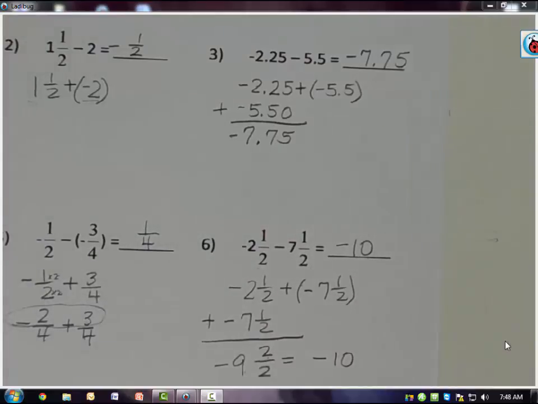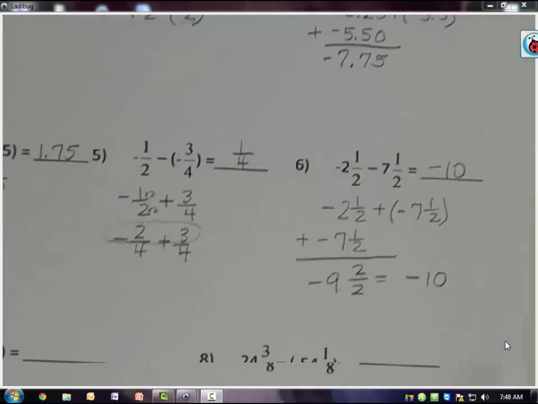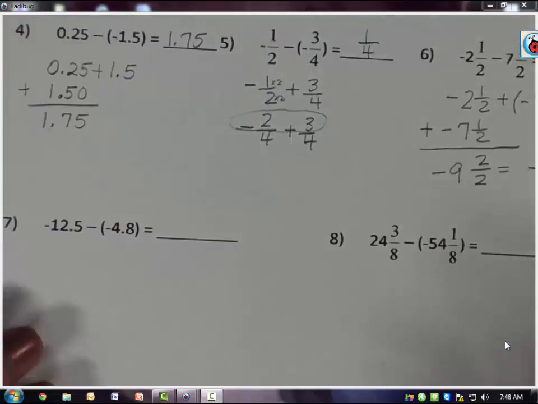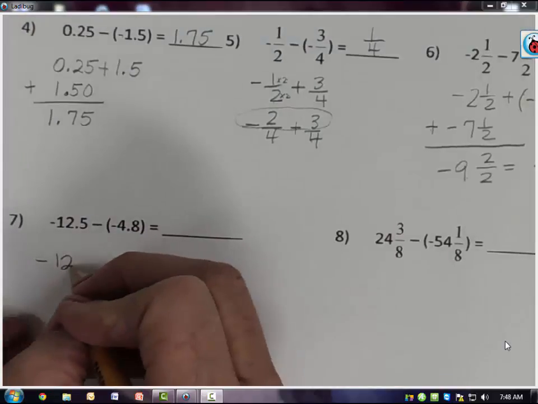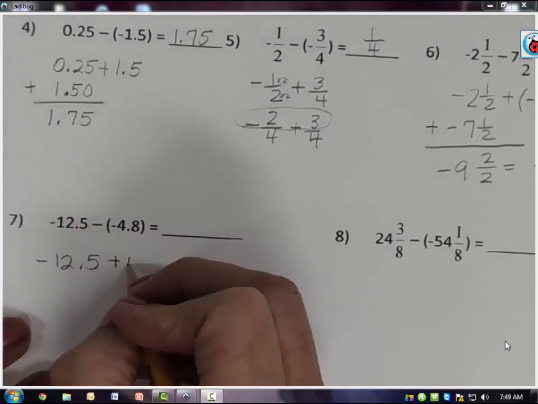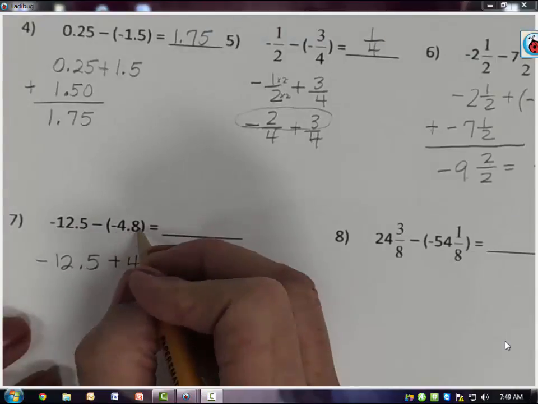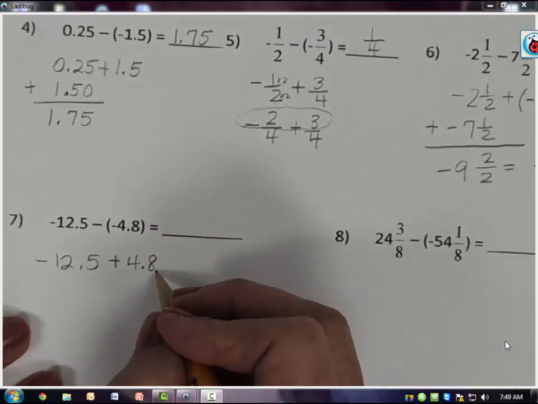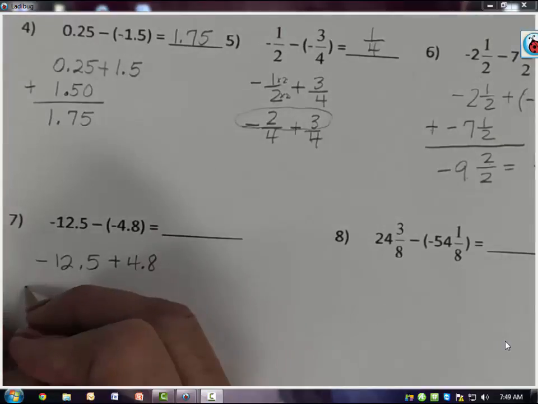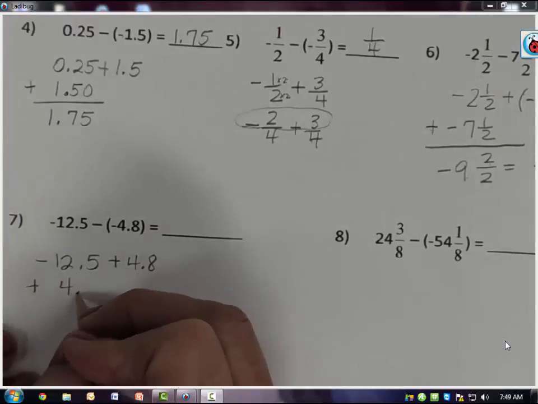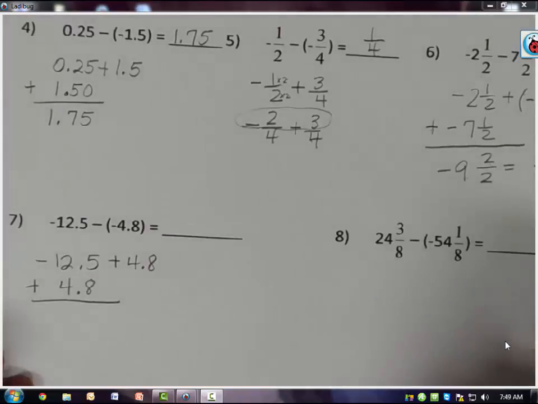Number 7, negative 12 5/10 plus, and we change the negative 4 8/10 to positive 4 8/10. So underneath we're going to put plus 4 8/10, lining up the decimals. We have different signs. Different signs, find the difference.